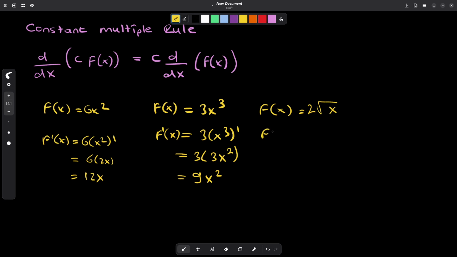So for this one, we know that root x means x to the power of 1 over 2, right? So we can write this as 2 times x to the 1 over 2 and the derivative of this. Let's differentiate this. We can ignore the 2, right?